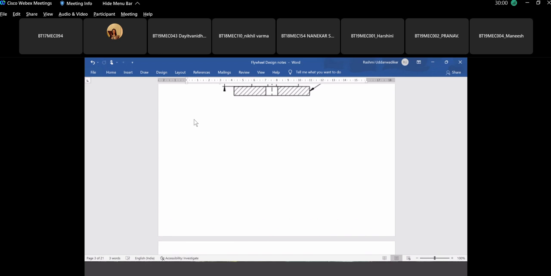For a flywheel which is continuously rotating, by the basic formula, the kinetic energy is given by half I omega square, where I is the mass moment of inertia and omega is the RPM with which it is rotating.